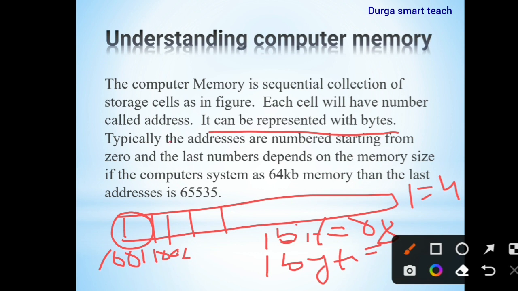Typically the address is numbered starting from 0 to the last number, depending upon the memory size. If the memory size of a computer is 64 KB, then the first address is 0 and the last address is 65,535.